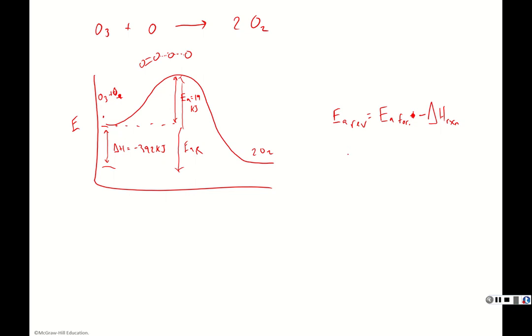So a negative of a negative will become a positive. So this would be 19 kilojoules minus negative 392 kilojoules, which is 411 kilojoules.